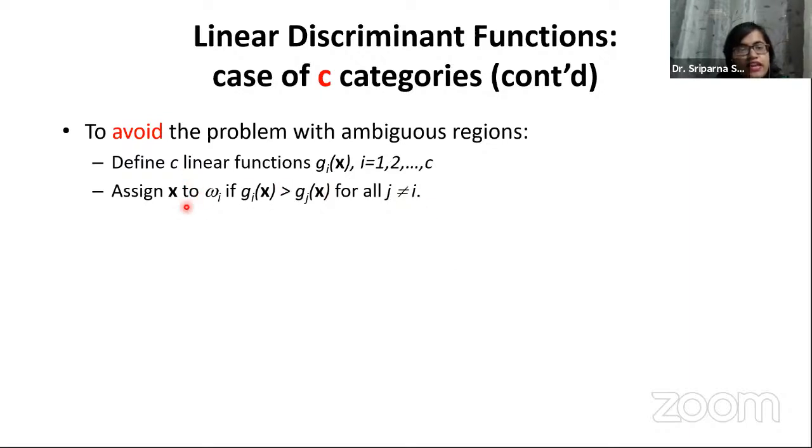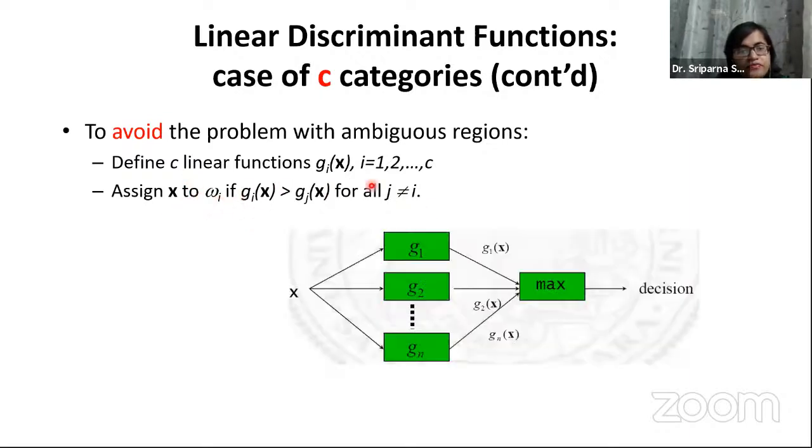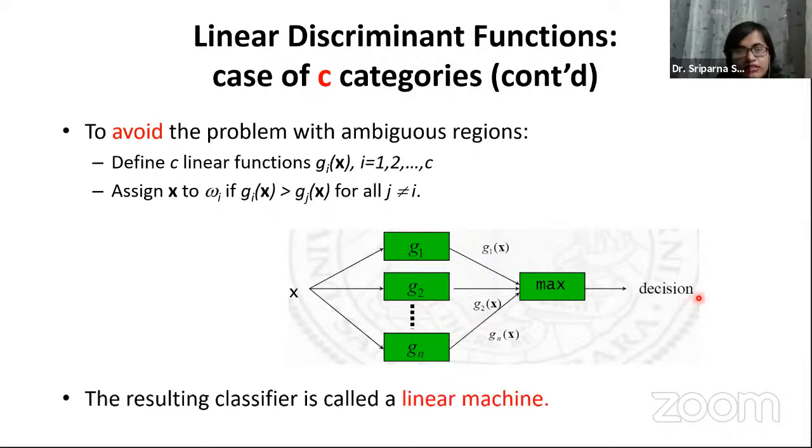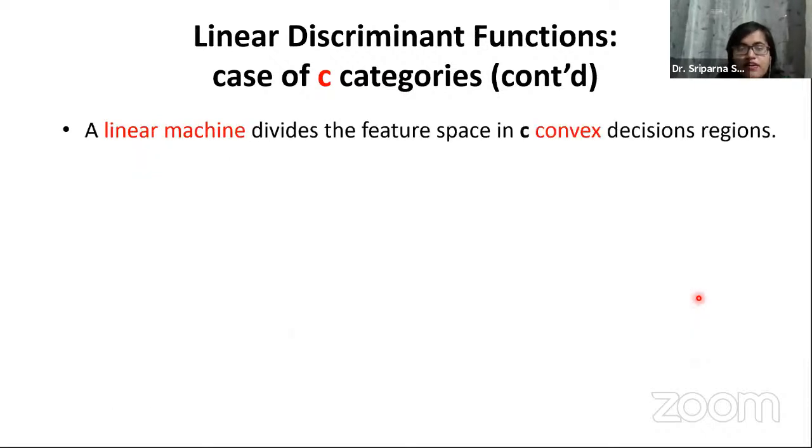So then assign x to Wi. You have data x, and from n number of decision boundaries you have to take the maximum, and based on that the decision will be taken. So the result is the linear machine.